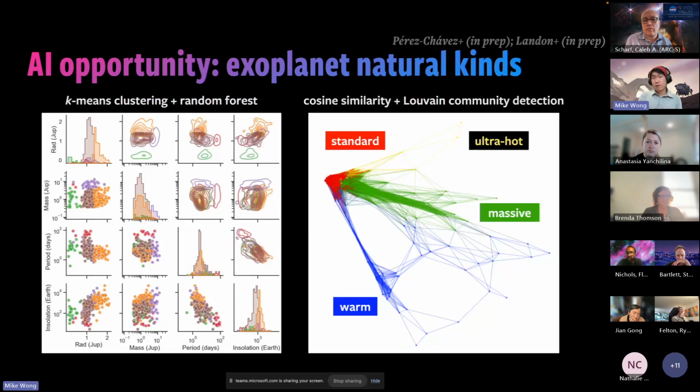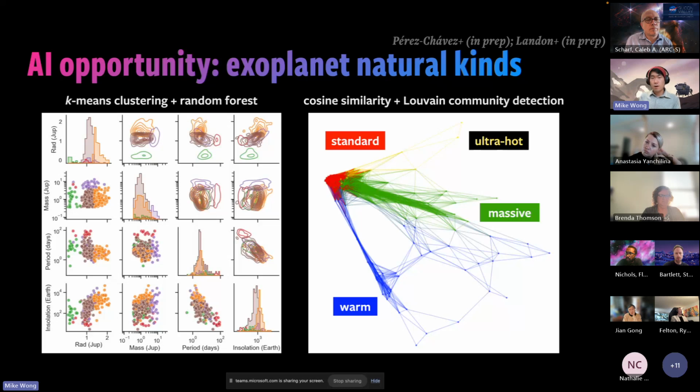Another area where we're leveraging the power of machine learning is in the data-driven discovery of exoplanet natural kinds. We have these populations that we call hot Jupiters, mini Neptunes, super Earths, but these are relatively arbitrary and honestly solar system-centric classifications. And they may not be the best way of understanding the diversity of exoplanetary groups out there.